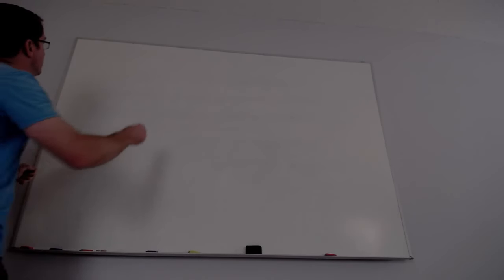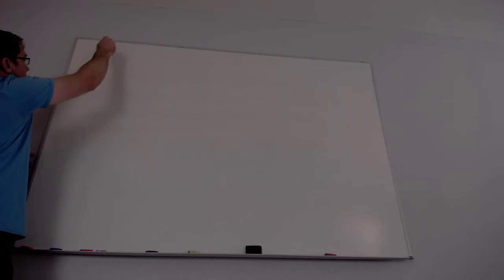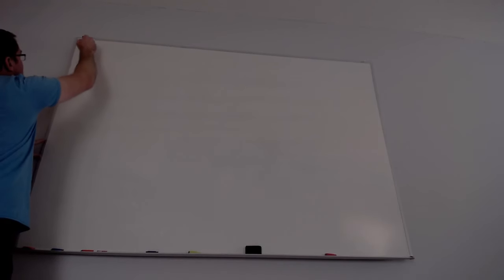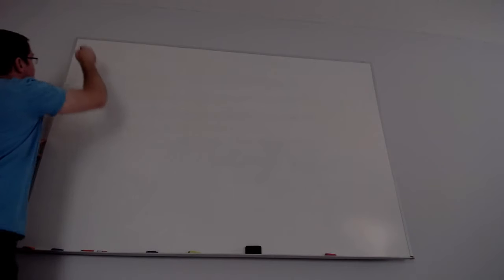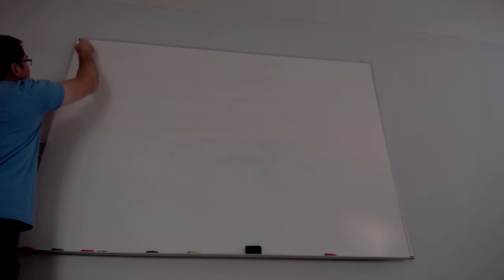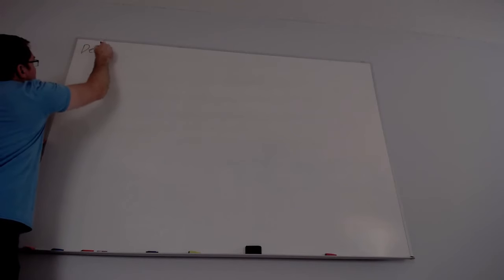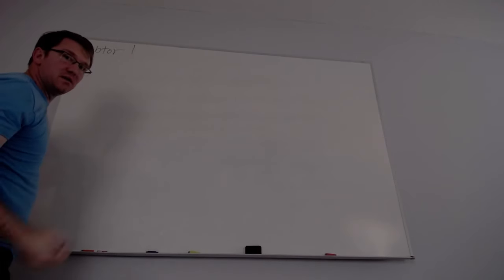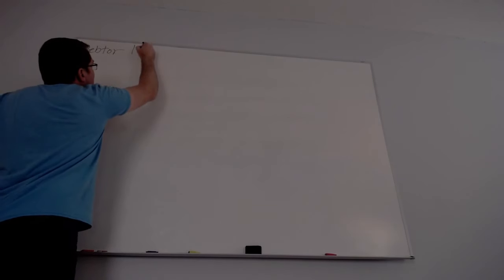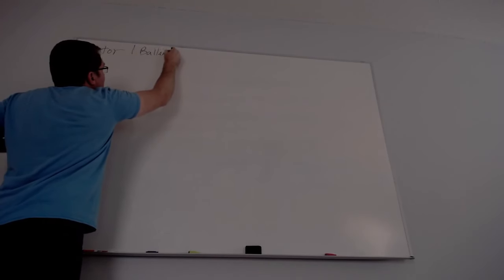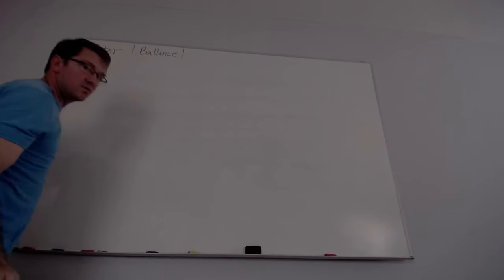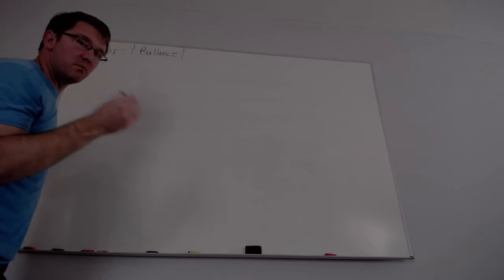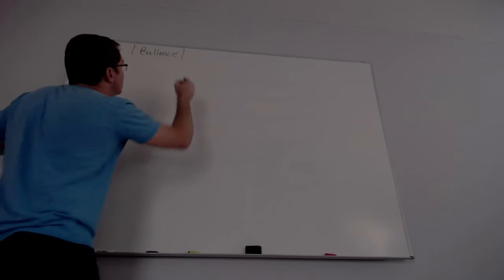All right, what we're going to do is a big grid. Okay, so the first column is going to be the debt or the debtor. The next one's going to be what's the balance? And the next one is going to be what's your minimum payment each month?